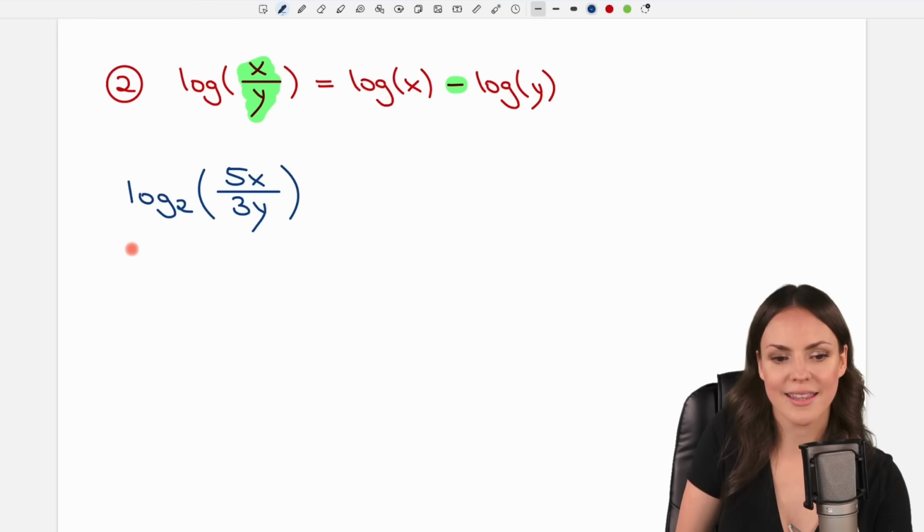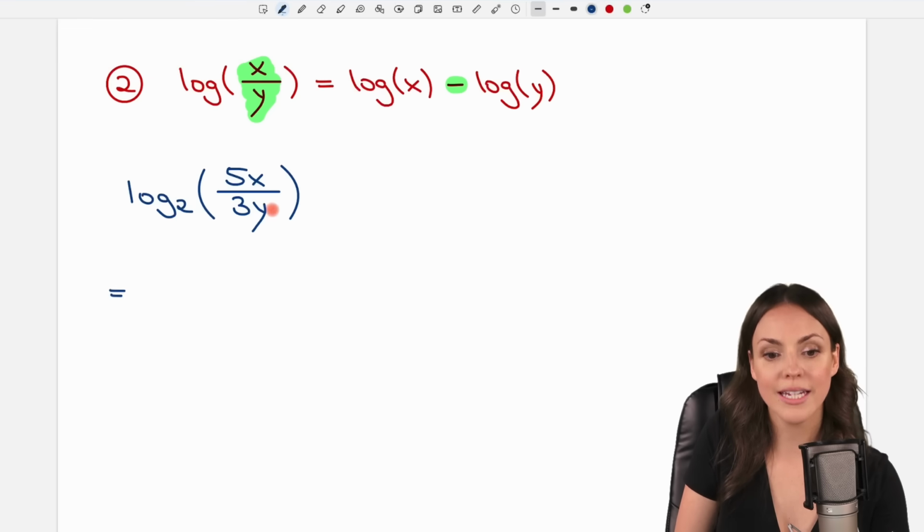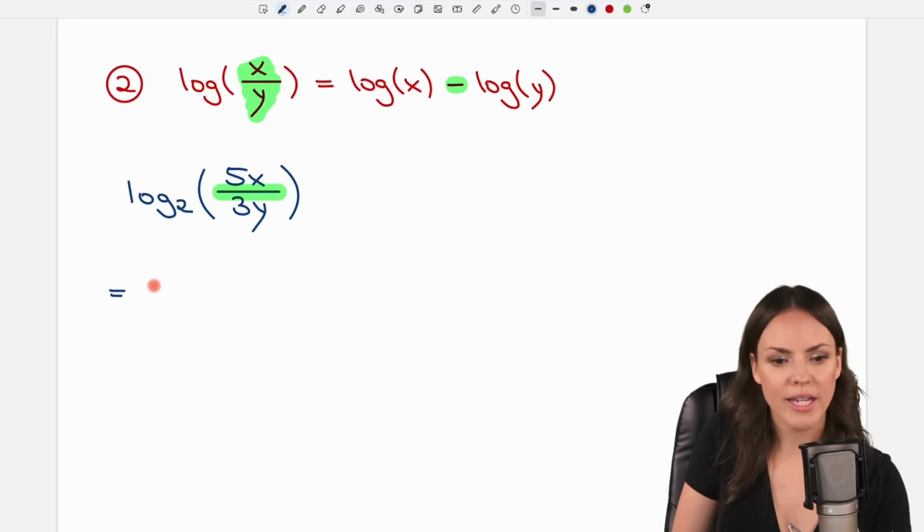So let's apply this rule to our example here where we have a fraction in our logarithm. So we are allowed to apply the second rule and write this one big logarithm as 2 separate logarithms. So we have log base 2.